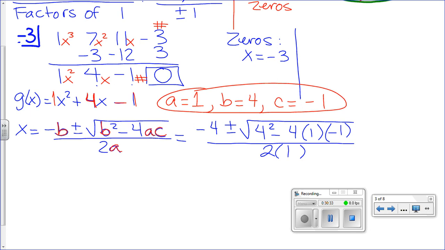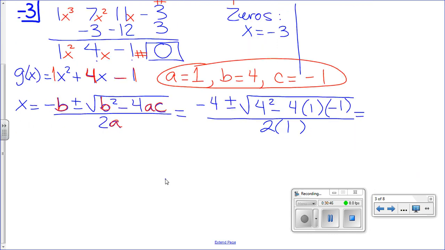Now here we are going to have to simplify it a little bit. So we're going to have negative 4 plus or minus, we square this part here, so that will be 16.